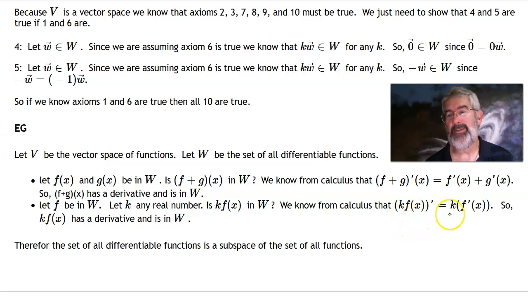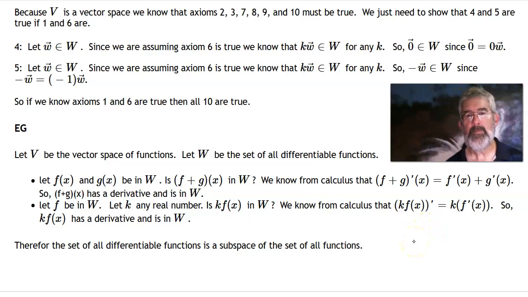From calculus, we know that it's the constant times the derivative of the function. And since the derivative of the function exists, because f is in W, then the derivative of k times f exists, and we have closure of scalar multiplication. And hence, by the theorem above, this is a subspace of the vector space of all functions.